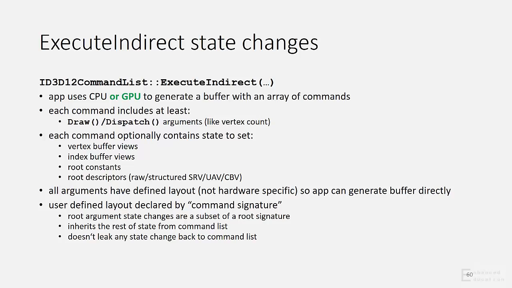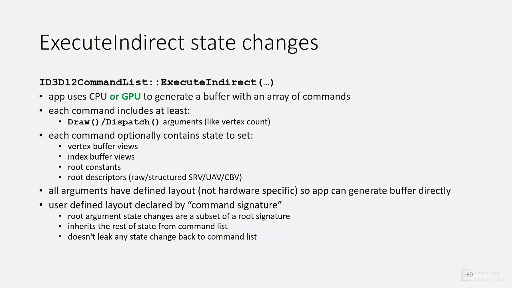Now, the actual layout of the individual commands for an ExecuteIndirect buffer is declared by something called the command signature. If a command signature is going to change any root arguments, the way that's defined is in terms of a subset of a root signature that's included with the command signature definition.